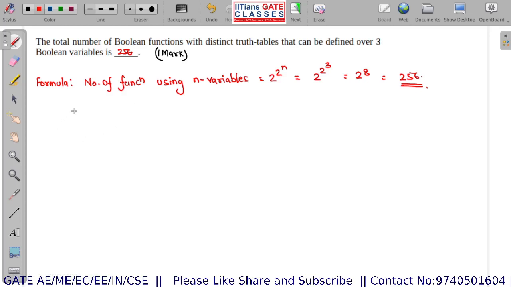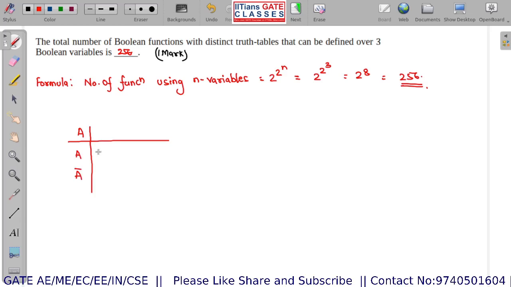So for one variable, you have a. This can take how many values? Either it can be 1 or 0, or you can write it as a bar. Now how many distinct combinations can you have for this?